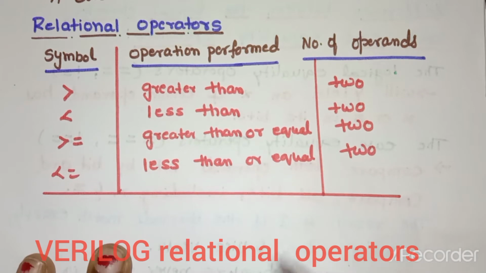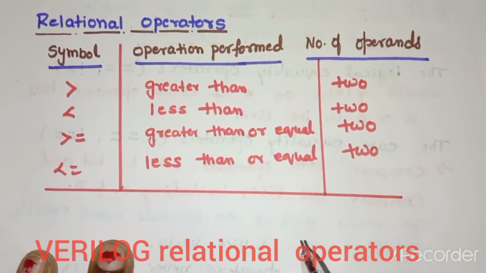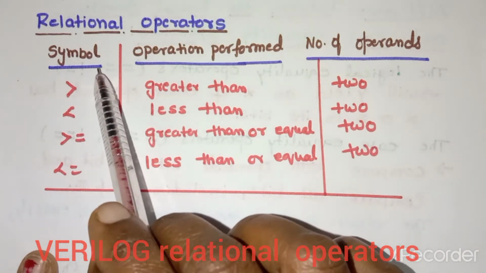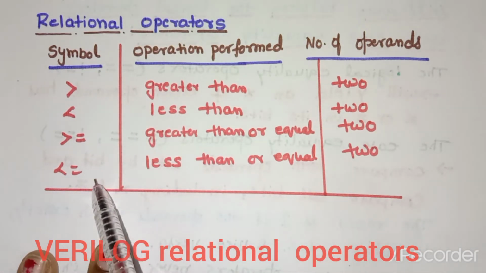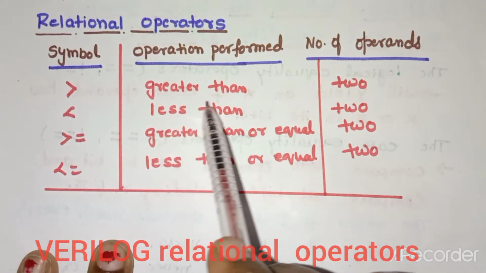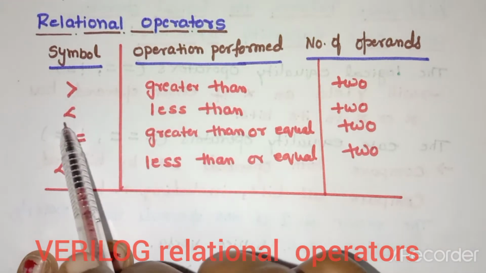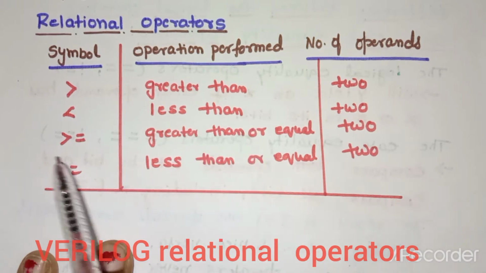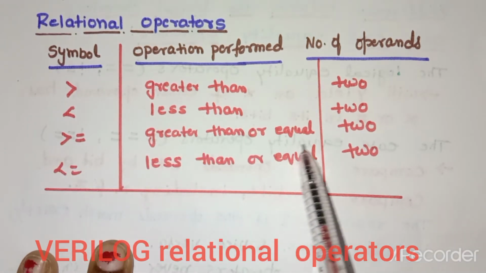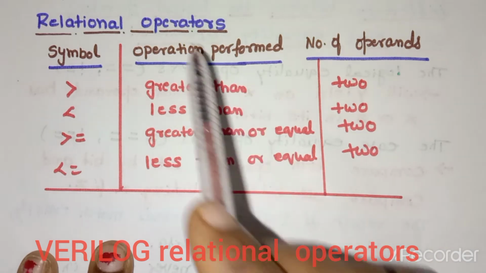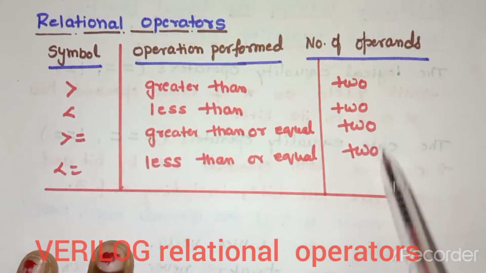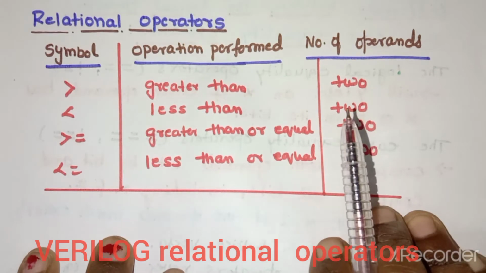If you want to relate any quantities, then we use the relational operators. Let us see the symbols for these relational operators. This is the greater than symbol. This is the less than symbol. This is greater than or equal to, and similarly this is less than or equal to. All these operators need 2 operands.